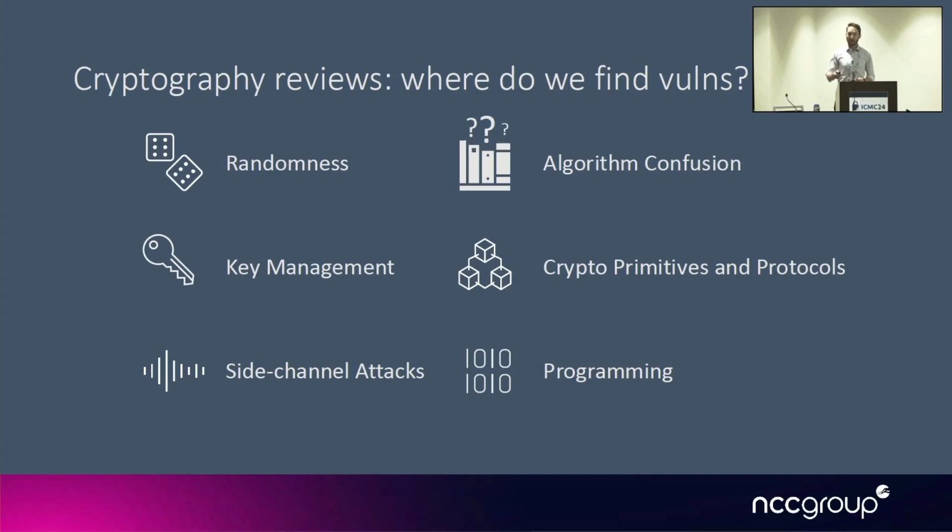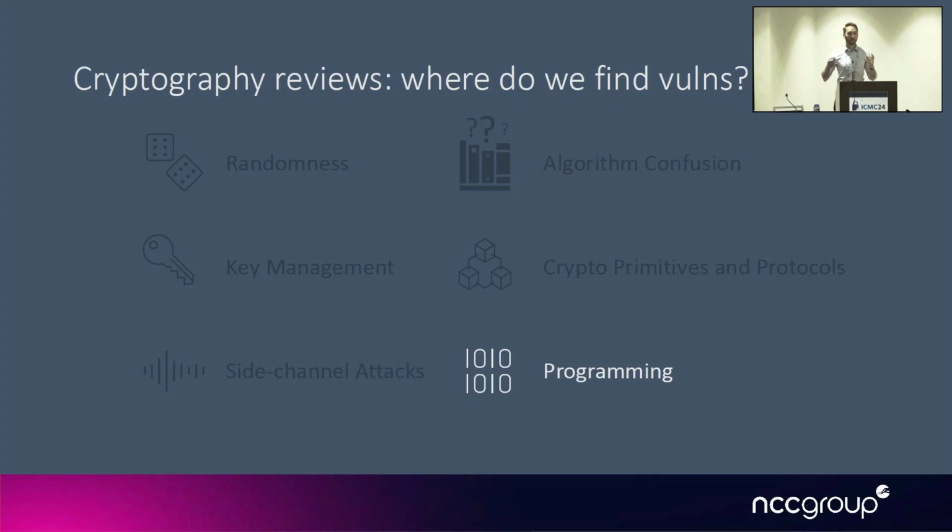And the focus of today's talk is going to be about this last category, where we'll talk about some common vulnerabilities in implementations of cryptography. One thing that I will not talk about today, but wanted to highlight before jumping into the more specific examples, is that we tend to see more and more issues related to AI-generated code.